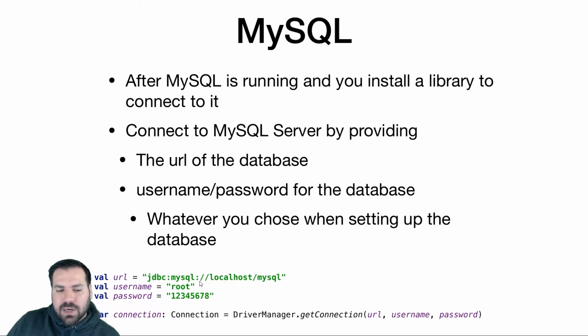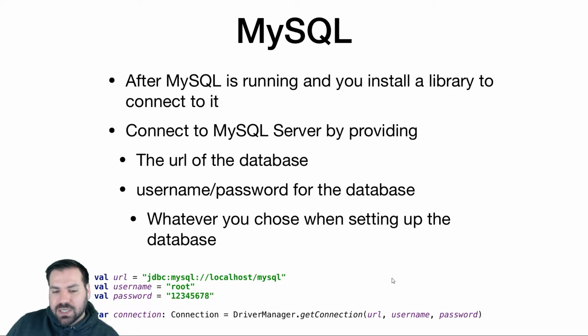The protocol is not HTTP. In my case, I'm using the Java Database Connectivity protocol for MySQL, and then specifying the address for MySQL. For this instance, when I have a MySQL running on this machine, that's going to be localhost, and then the database name is the last part of the URL.